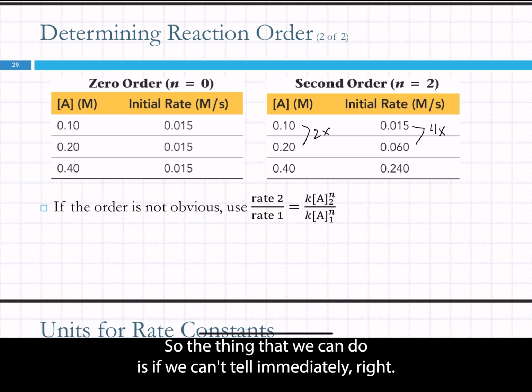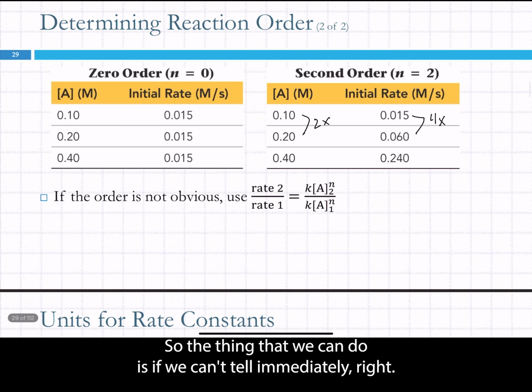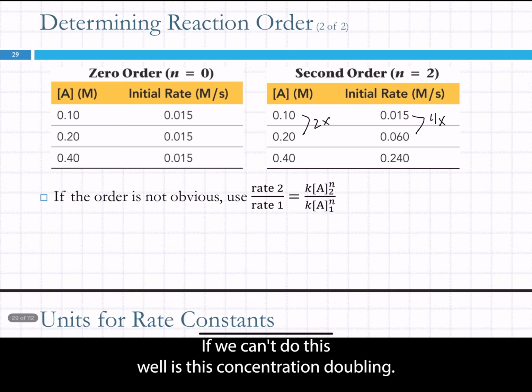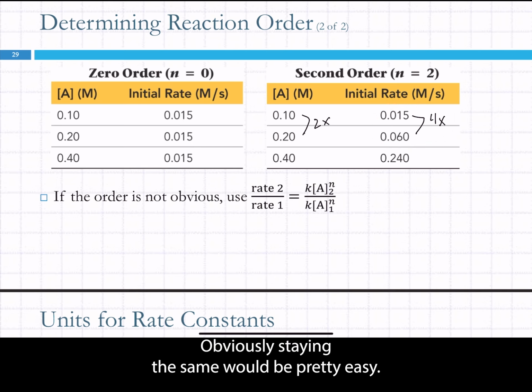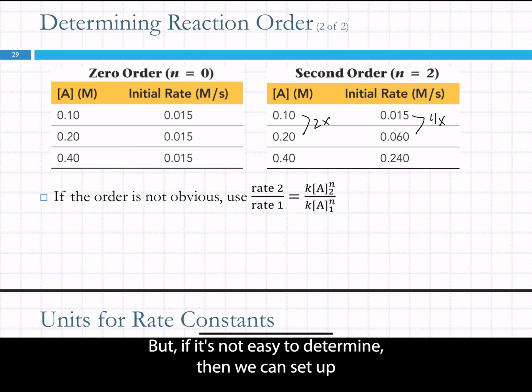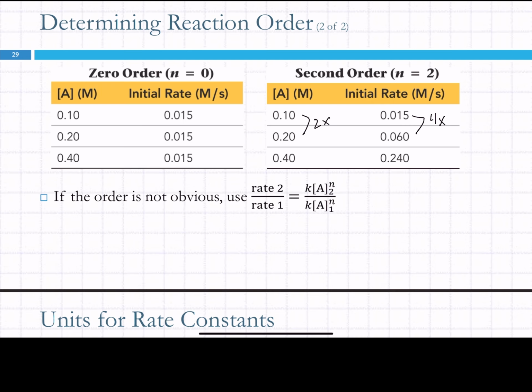But if we can't tell immediately, is this concentration doubling, quadrupling, or staying the same? Staying the same would be pretty easy. But if it's not easy to determine, then we can set up two of these data points.